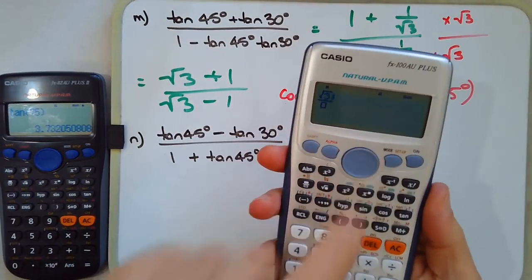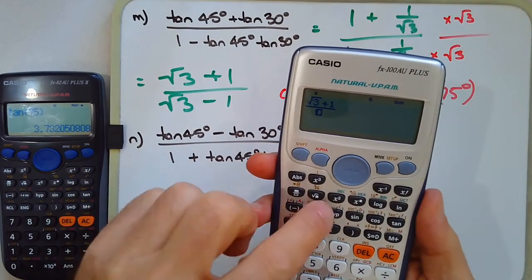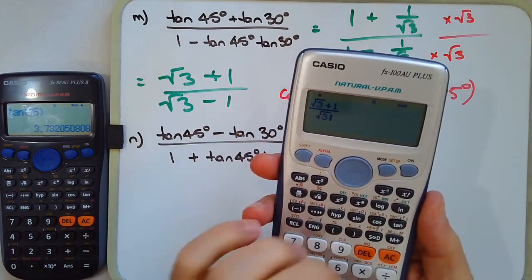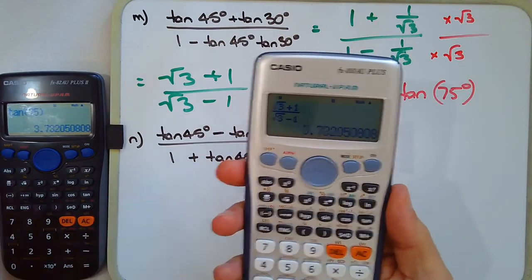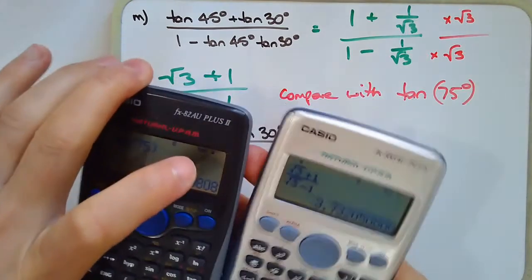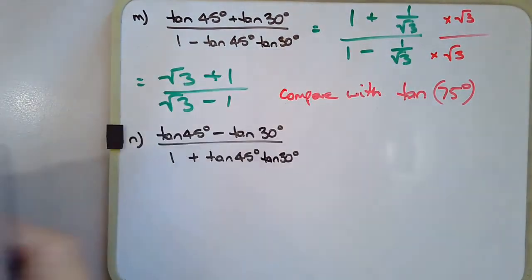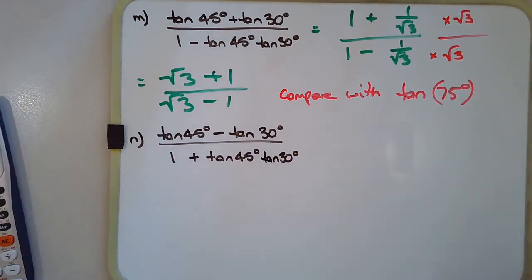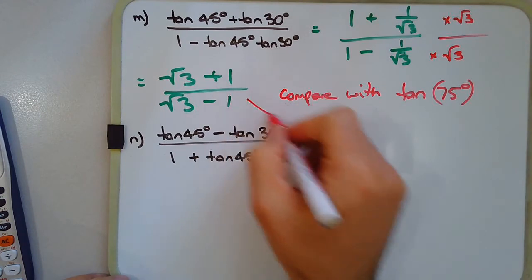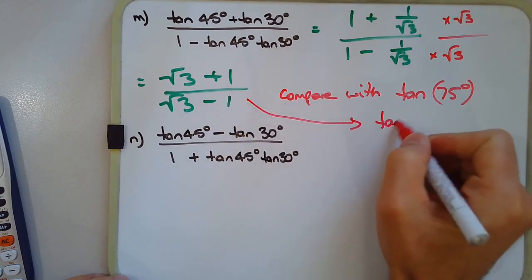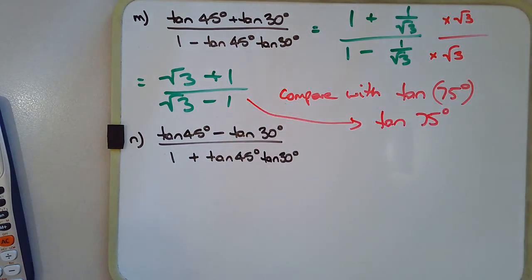Root 3 plus 1 over root 3 minus 1. There you go. So again, not going to prove the point, but this is in fact the ratio for tan of 75 degrees.